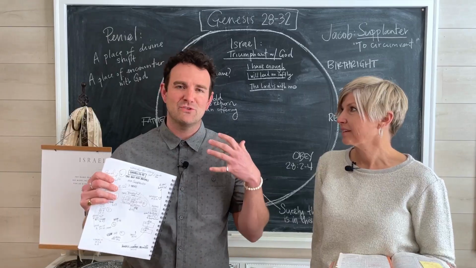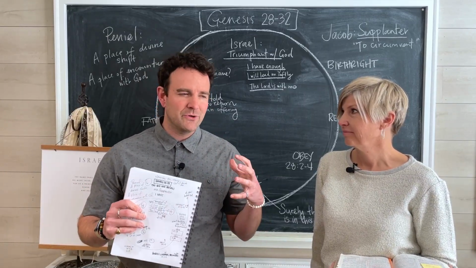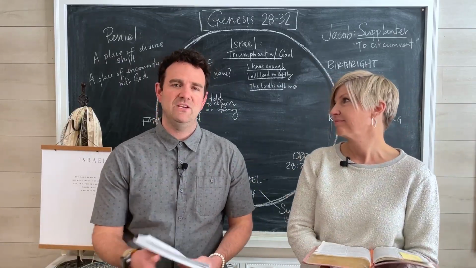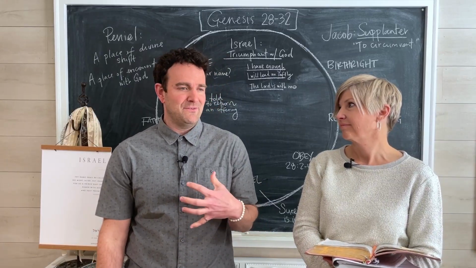Just as a recap, we met him. Remember, he's born with a twin whose name is Esau. Esau was the older son, which means under the tradition of the day, he should have been the birthright son. But Jacob wanted to be it.